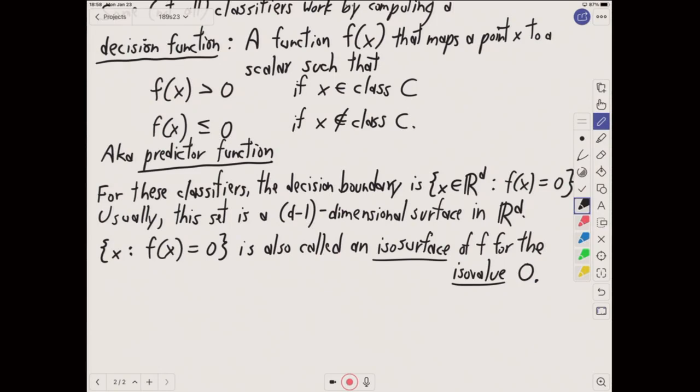So the 0 surface is one isosurface of the function f. It's not generally the only isosurface of f. F will have many different isosurfaces, one for every scalar value you can think of.